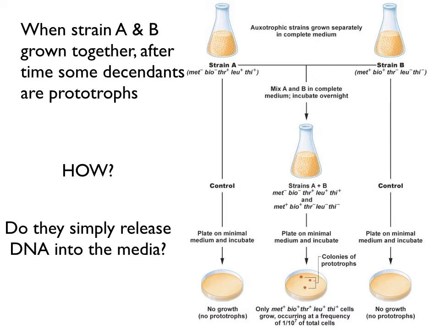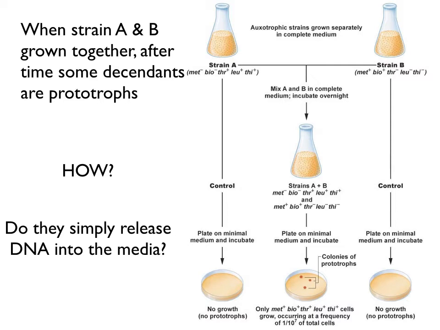Okay, and so you see in between these two flasks, it notes that these are auxotrophic strains. Remember, that means they can't produce everything they need, and they are grown in complete medium, not minimal medium. Complete medium gives them everything they could possibly need, including the things that they should be able to make on their own. So if you supplement their media with all of these things that they can't make, then strain A will grow.